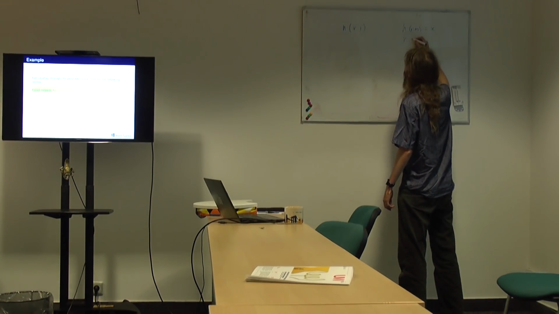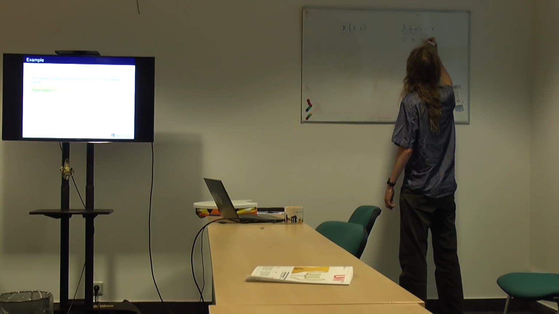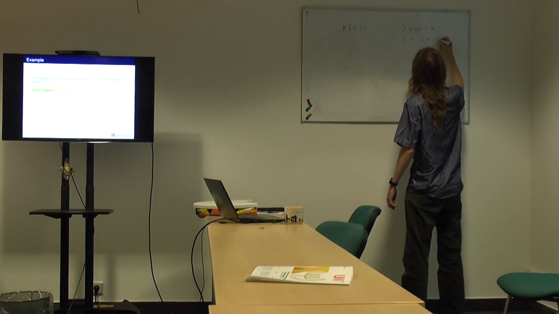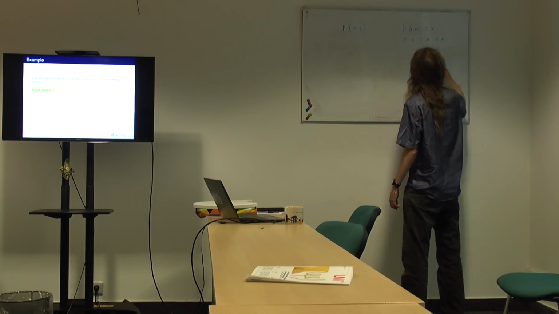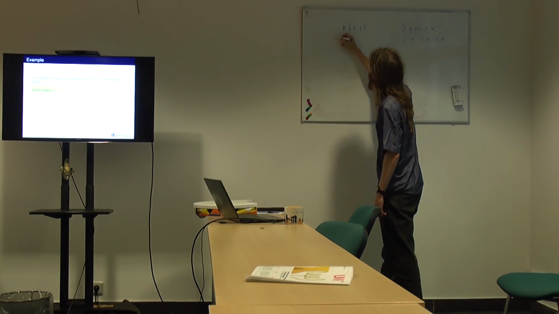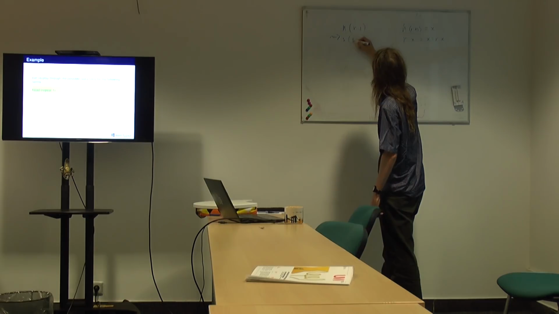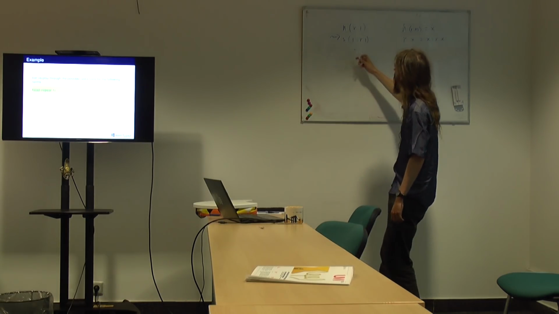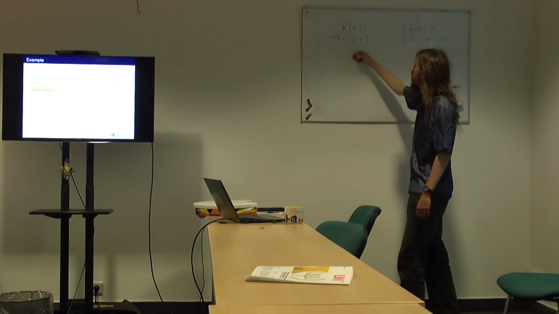So the definition for repeat says repeat of x equals x cons repeat of x. So this can be reduced to head of 1 cons repeat 1. Now we've got a choice, because now we can reduce either this one or this one.